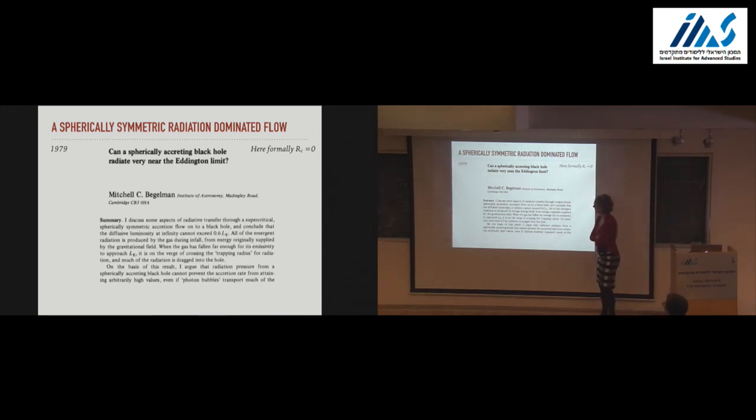Okay, so, historical paper, 1979. Here, formally, the circularization radius is 0. This is the first paper that looked at hyperaccretion. The first paper that argued that radiation pressure from a spherical accreting black hole cannot prevent the accretion rate from attaining arbitrarily high values, which is just what I told you.